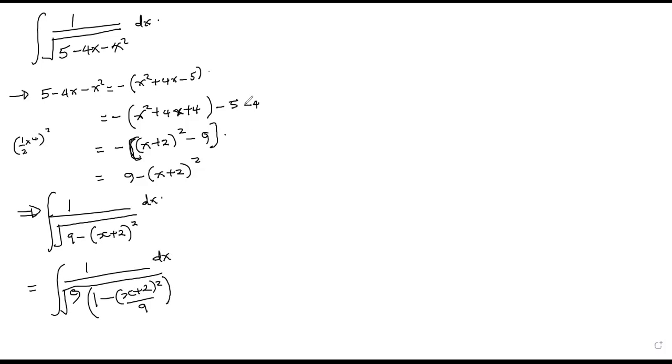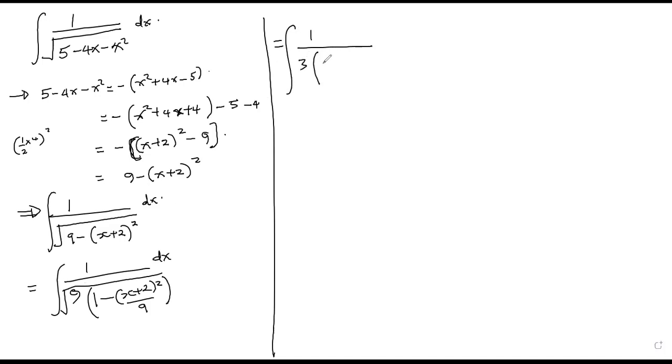So this is the same as 1 over, when you take the root of 9, you get a 3, into root of 1 minus, this one will become x plus 2 over 3, then everything squared, all under the root.